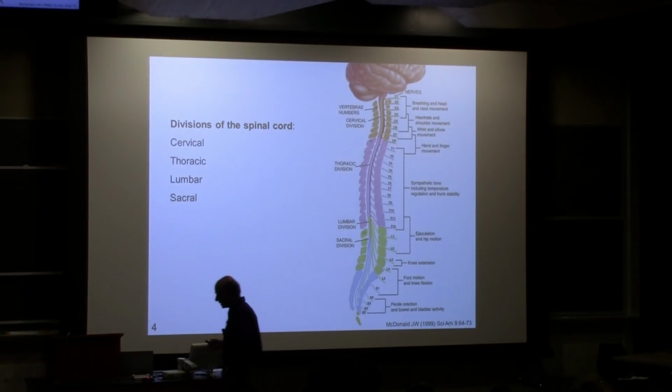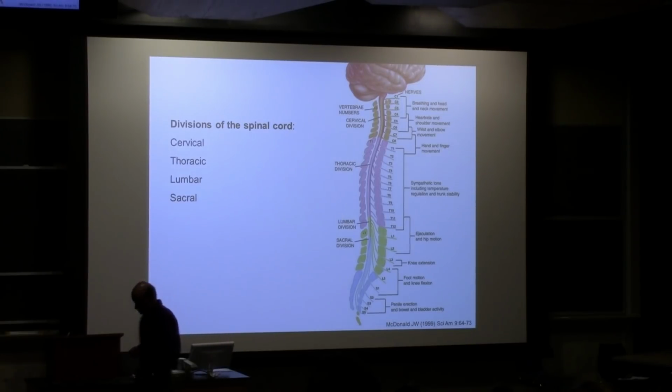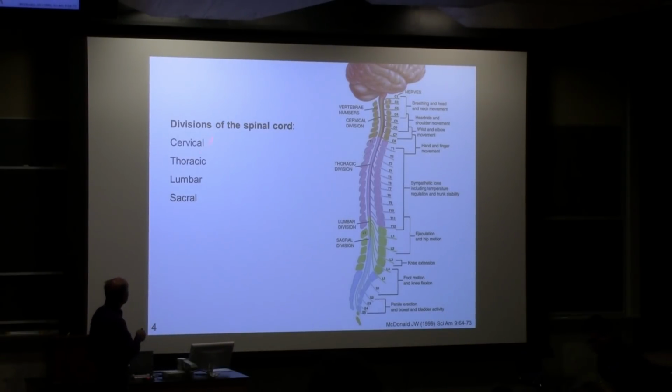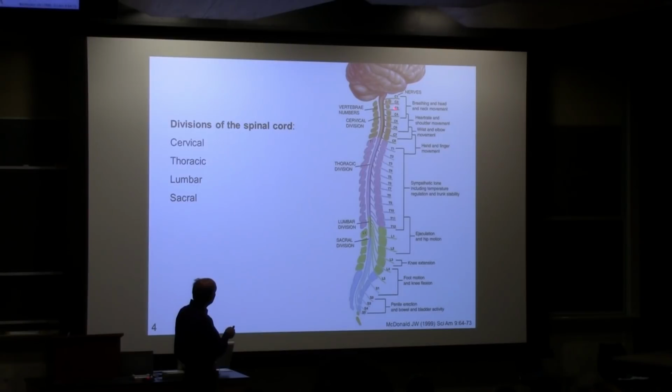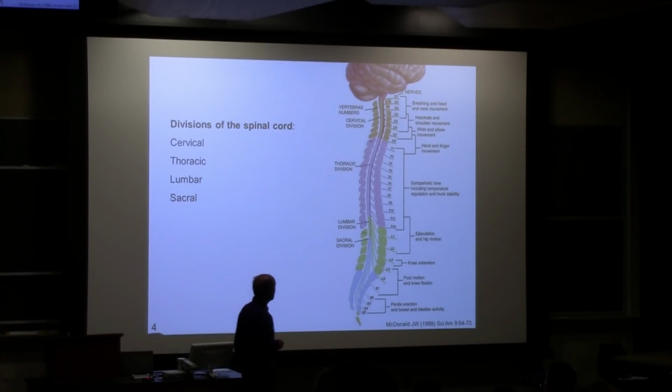So the spinal cord is divided into four parts: the cervical here, the thoracic, the lumbar, and the sacral. If you look up here, you'll see that each nerve that leaves the spinal cord has a name: C1, C2, C3, C referring to cervical.